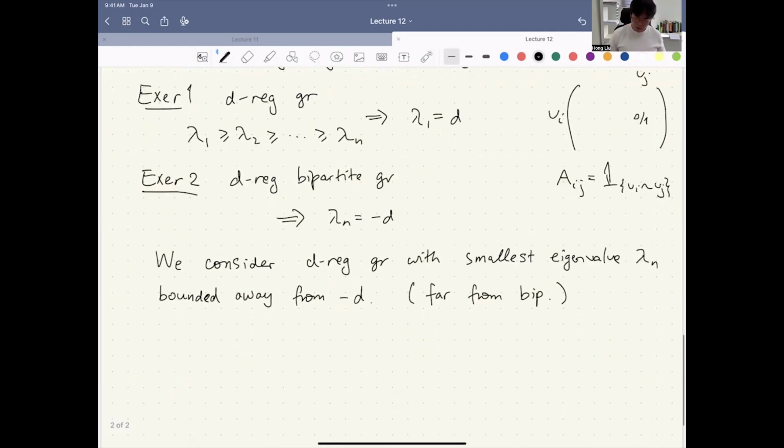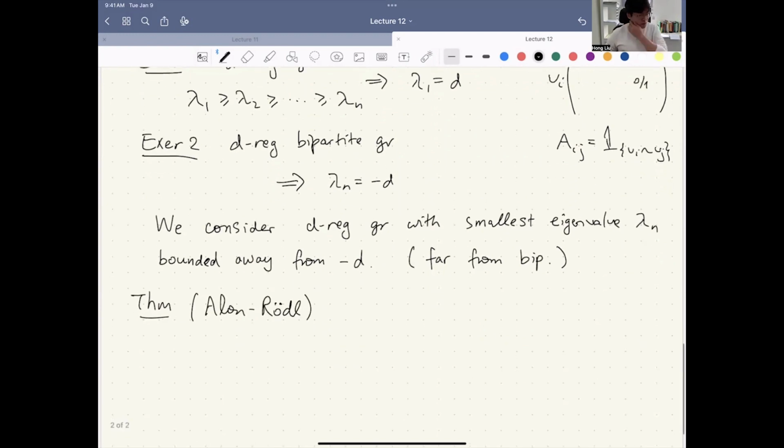In this setting, Alon and Rödl, in the early 2000s, proved that for any epsilon bigger than 0, there exists a constant C such that the following holds.